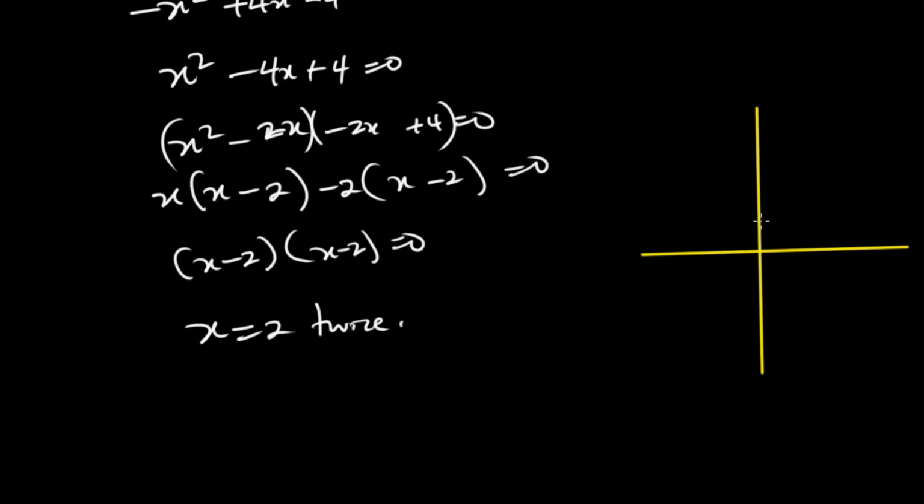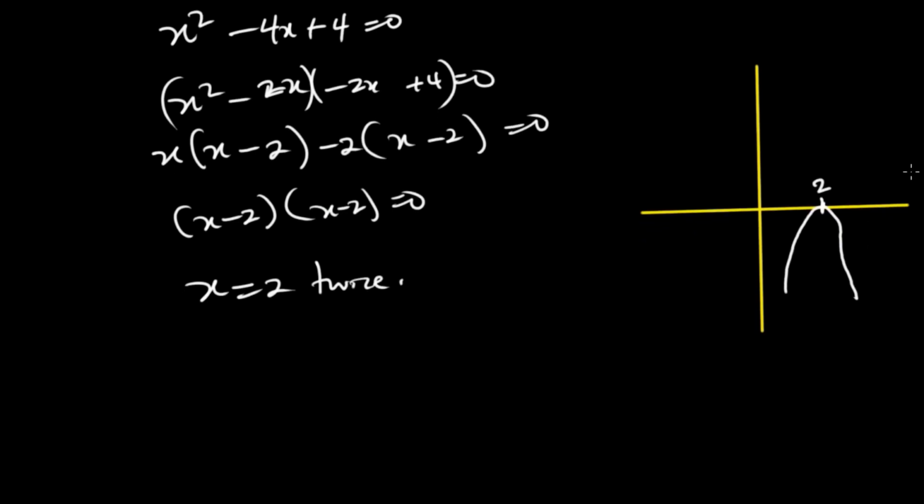And since the root is 2, the curve only touches the x-axis in one place, which is at the point 2. Meaning that we have x equal to 2 twice as our solution. So in this case, there is exactly one intercept, and the solution is x equal to 2.